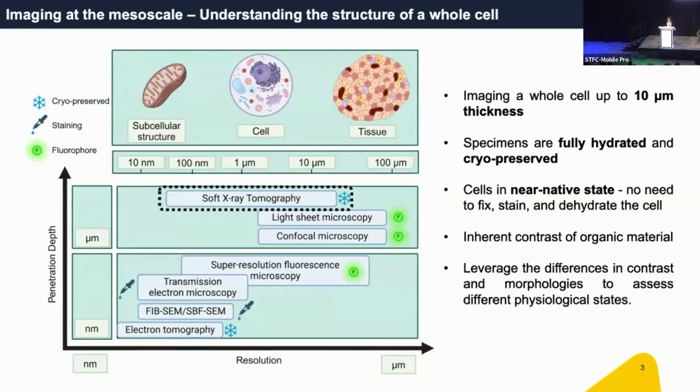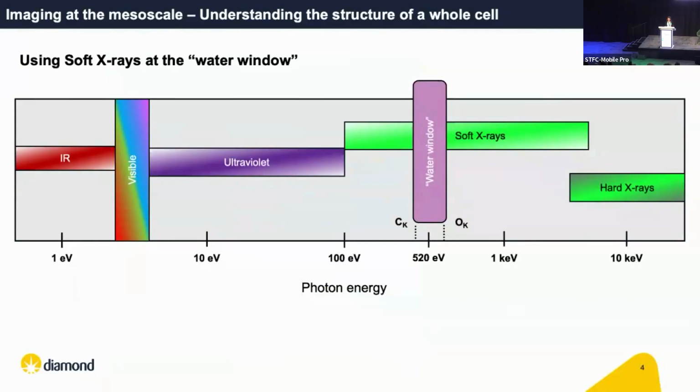Specifically, this means that we are working at a specific wavelength, which is around 520 electron volt, which is located in a particular window of the soft X-ray electromagnetic spectrum. This is called the water window.